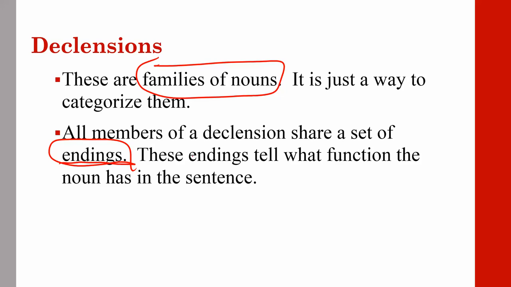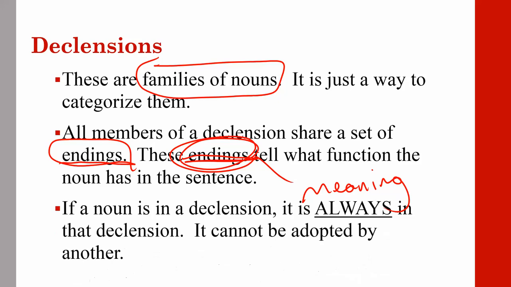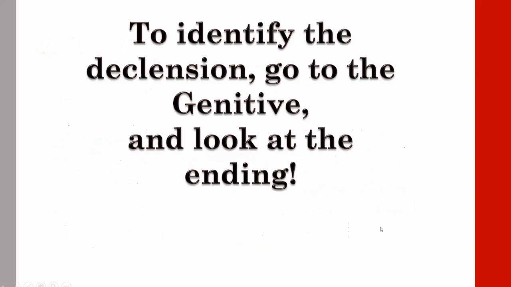And remember, these endings are super important because they allow us to make meaning in the sentence, right? Last point, if a noun is a member of a certain declension, it's always that declension. It cannot be adopted, okay? It cannot be adopted even if it doesn't like its family.